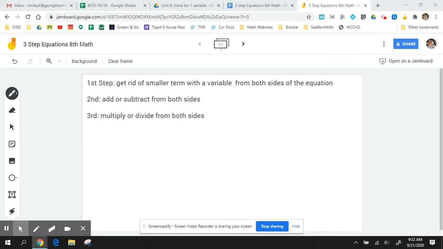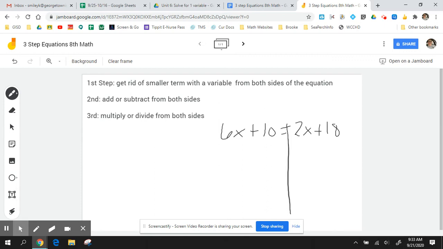Okay, so I'm going to put down an example. I have 6x plus 10 equals 2x plus 18. All right, so I'm going to first off draw that line separating my two sides of my equal sign.